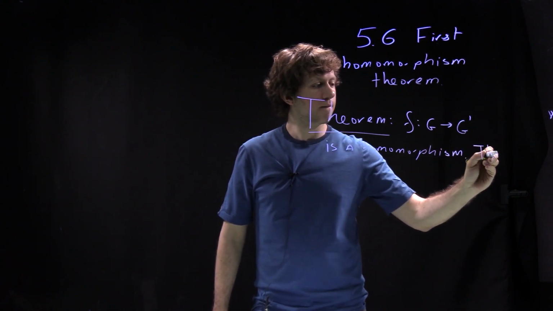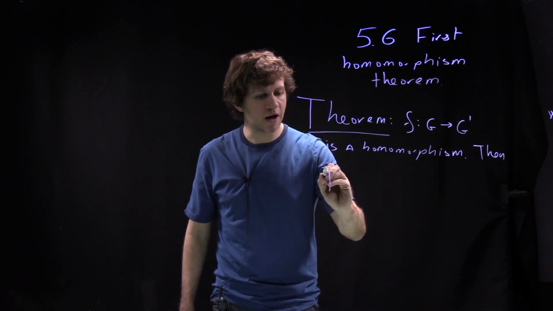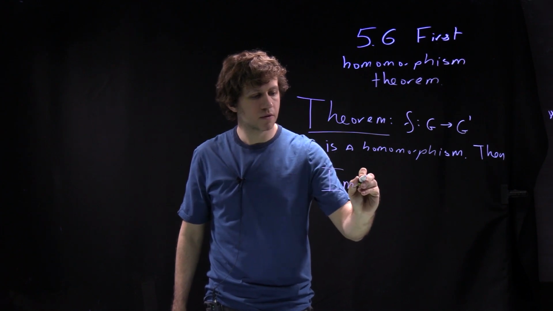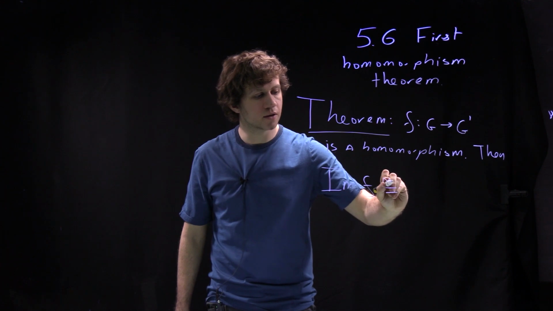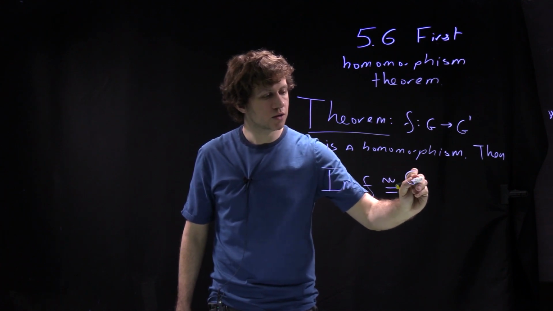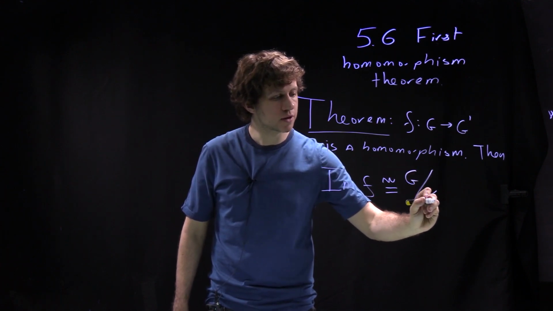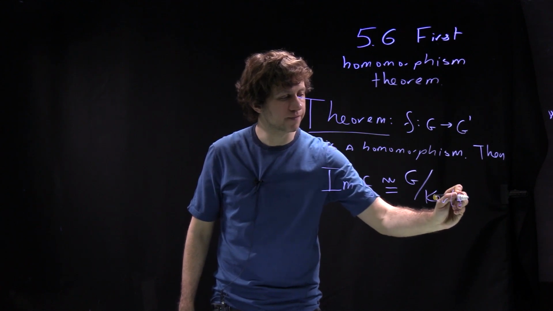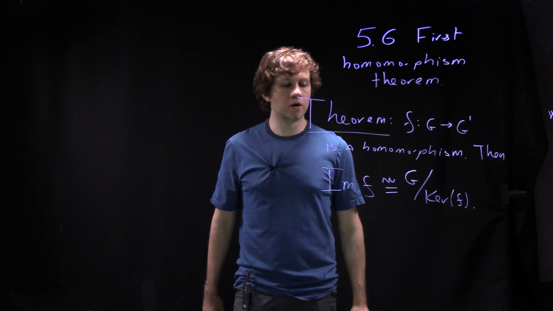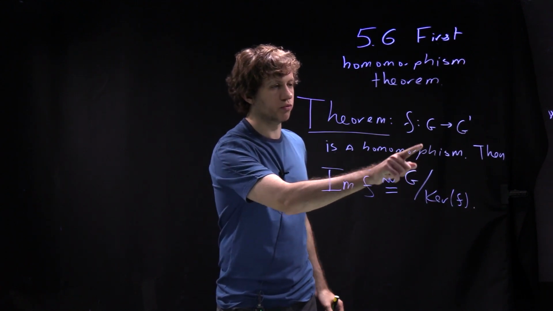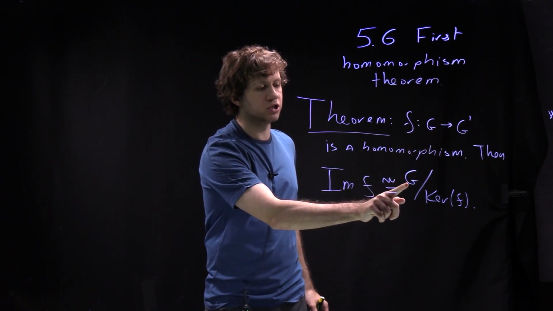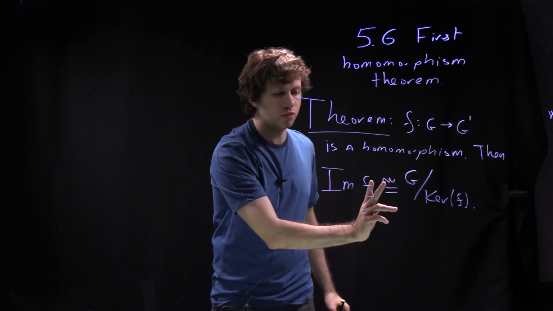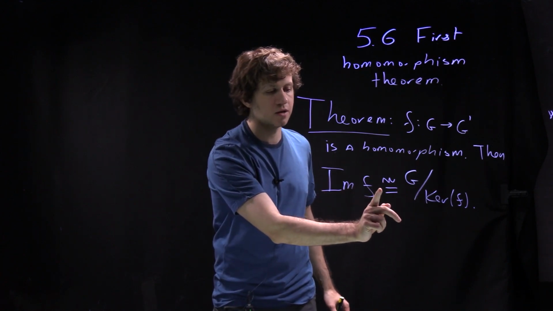Then the image of f, that's a subgroup here, is isomorphic to G factored over the kernel of f. So if you take your group and you have a homomorphism somewhere, its image is just the factor group, and by "is" I mean isomorphic.